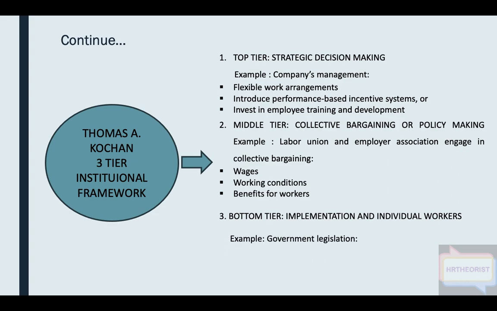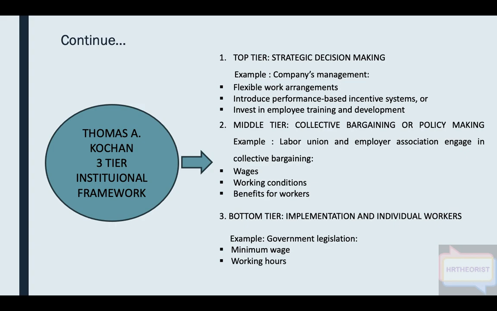Let's say government legislation on minimum wages, working hours sets the baseline standards that employers must adhere to when employing workers. So management decisions regarding job assignments, promotion, disciplinary actions also affect individual employees within the organization.